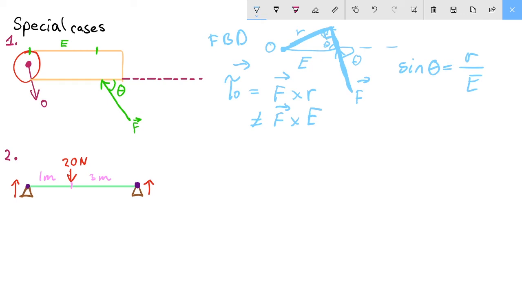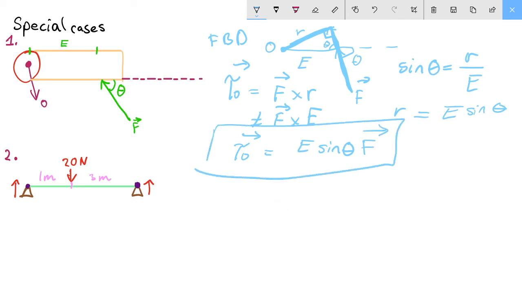Since this is a right angle triangle, E will become the hypotenuse. Then we can say R equals E times sine of theta. Therefore, torque is equal to E sine theta multiplied by the force. So that's a new formula you can use to find torque if you have a force acting at an angle.